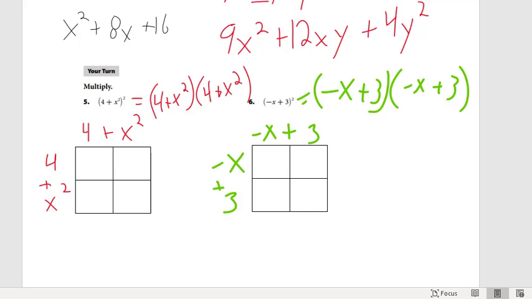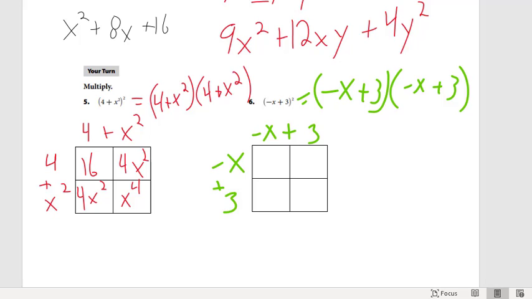Okay, I expanded it out. Now we're going to go through and calculate the inside pieces. 4 times 4 is 16. 4 times x squared is 4x squared. And x squared times x squared. Remember, you're adding the exponents, so it's x to the fourth. Be careful that you get that correct.